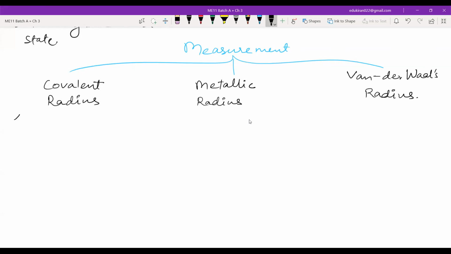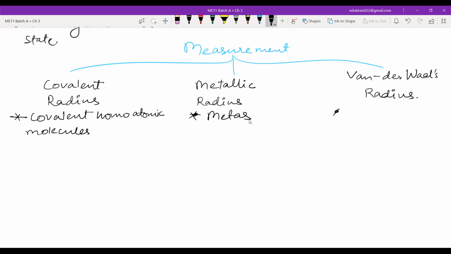This covalent radius is used for covalent homoatomic molecules, this metallic radius is used for metals.